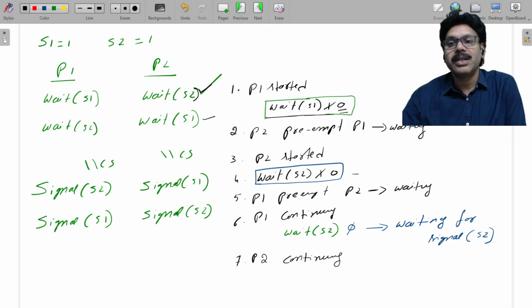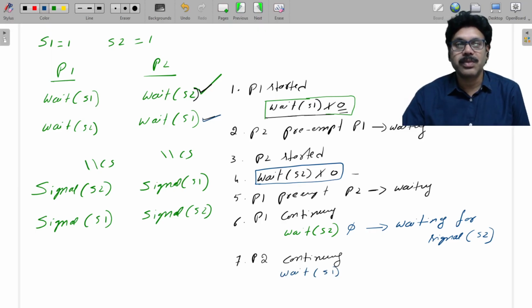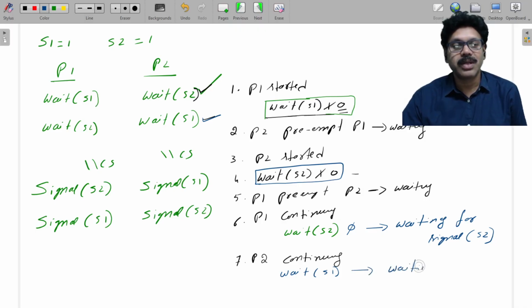What is the line it is thinking about? It wants to ask for wait of S1. But what is the value of S1? It is trying to reduce, but no, it is not possible because S.value is already 0. Again, the wait condition: inside wait there is a while condition, while S.value is less than or equal to 0, do skip. Therefore, this process cannot make it a successful down.